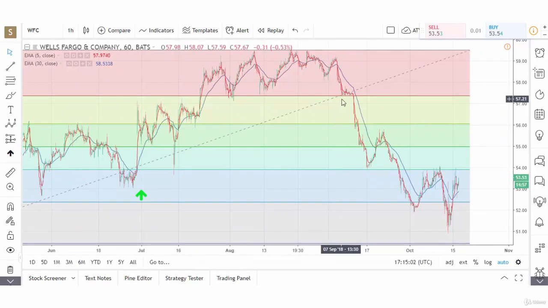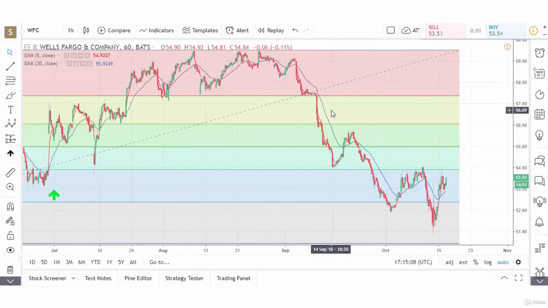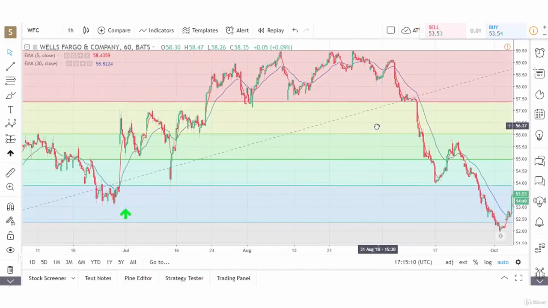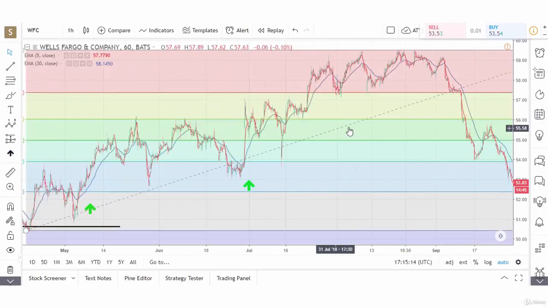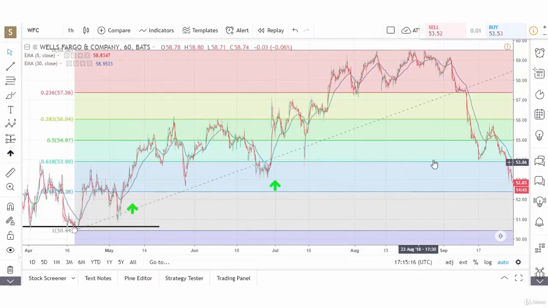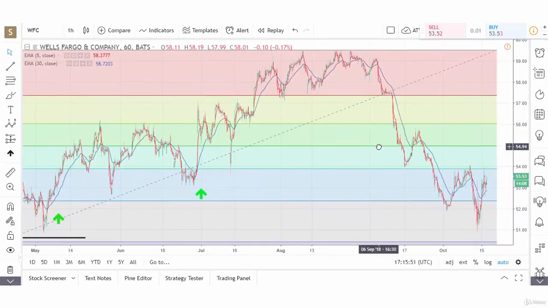If we were trading on an hourly basis, we could have taken this trade and gone short when the stock turned down and broke through the first Fibonacci level, and then looked to cover at the 61.8% level, here down around 53. So by using the EMA in combination with the Fibonacci, we get our sell signal, and then we use our Fibonacci level as an indicator to cover our short.